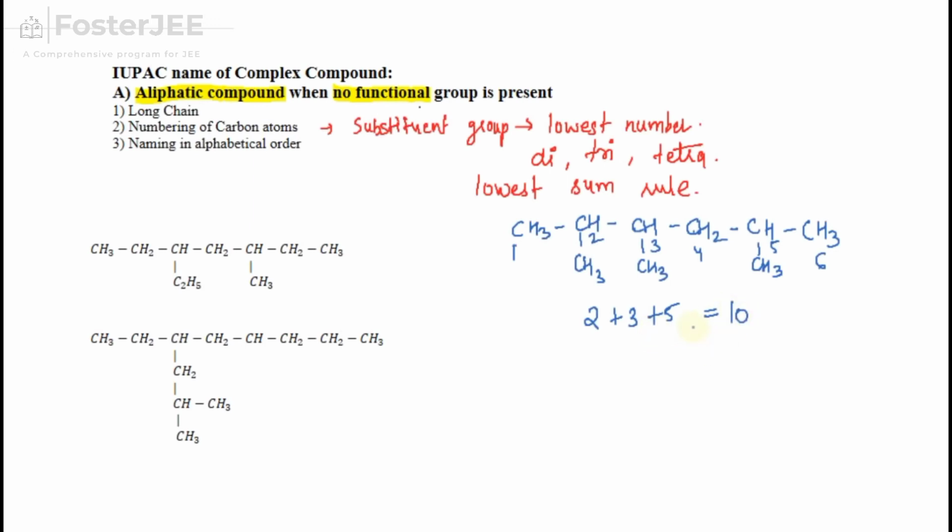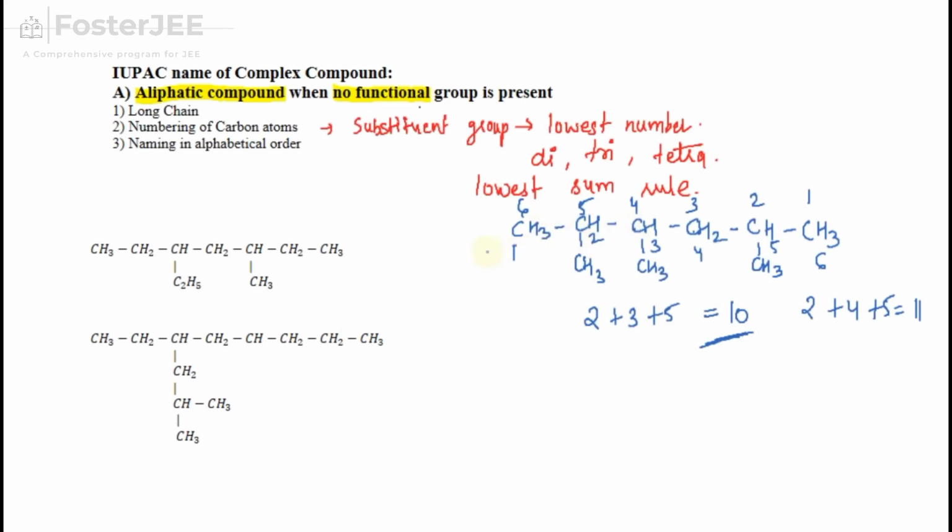Now if we number this chain from this side, so here 1, 2, 3, 4, 5, 6. In this case, the substituent groups are present at the second, fourth and fifth carbon. So the sum will be 9 plus 2, 11. So here we can see that the lowest sum is the first one.